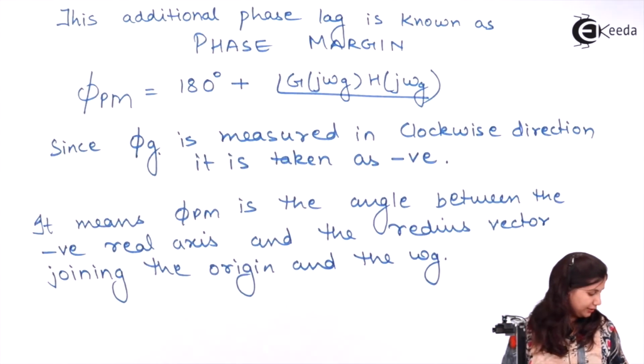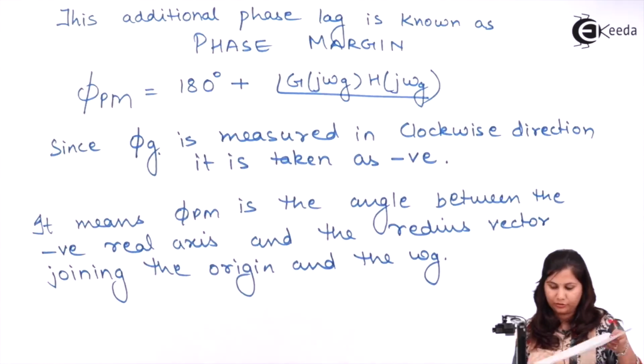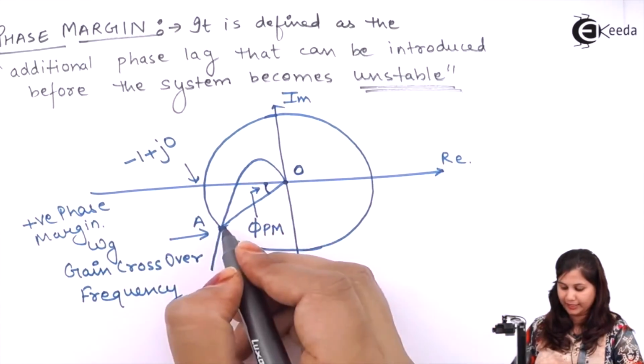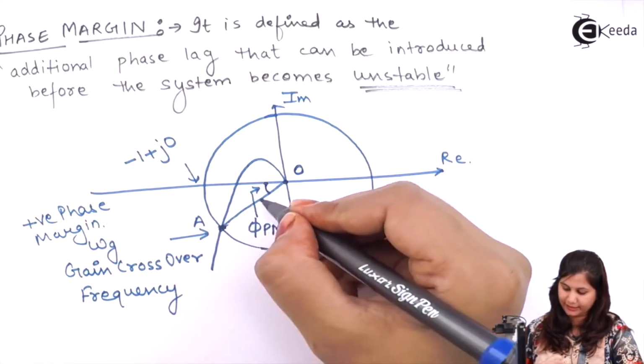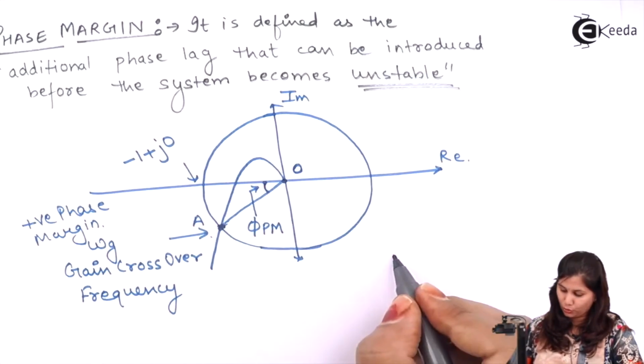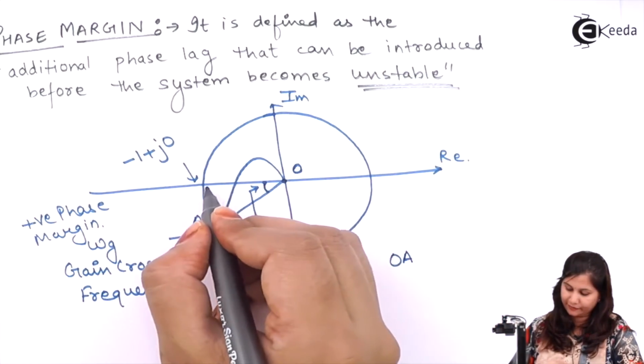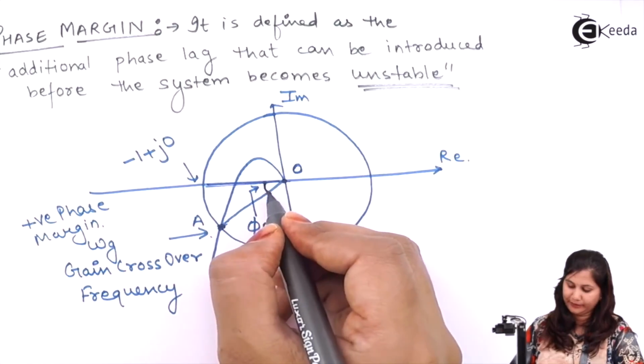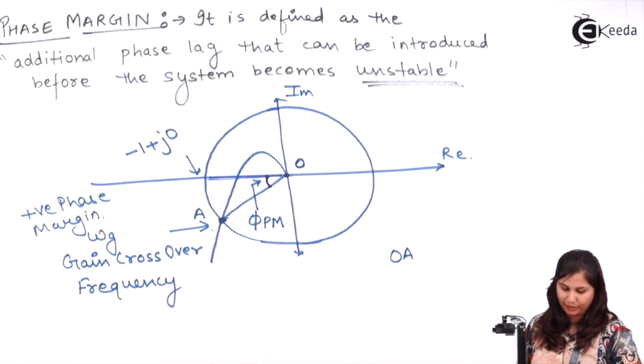In the figure, this is the radius vector OA. So the angle between OA and the negative real axis is the phase margin.